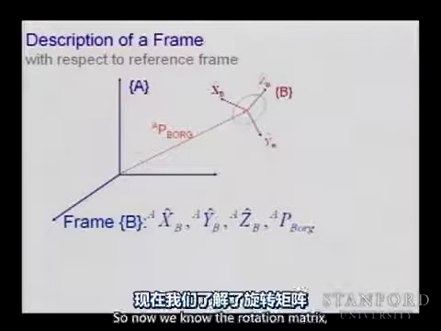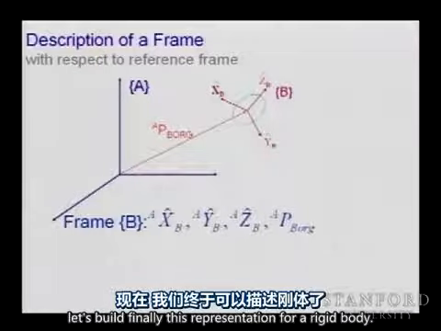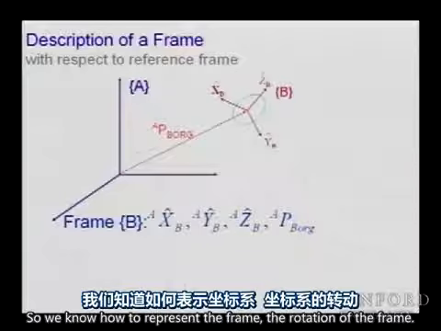All right. So now we know the rotation matrix. Let's build finally this representation for a rigid body. So we know how to represent the frame, the rotation of the frame.